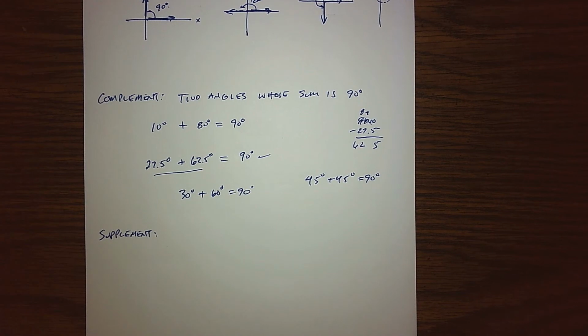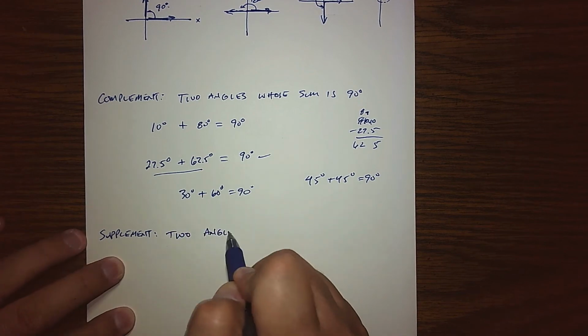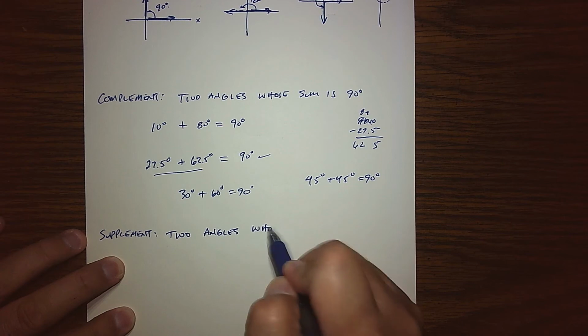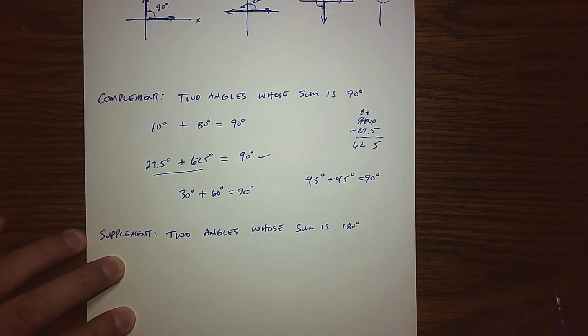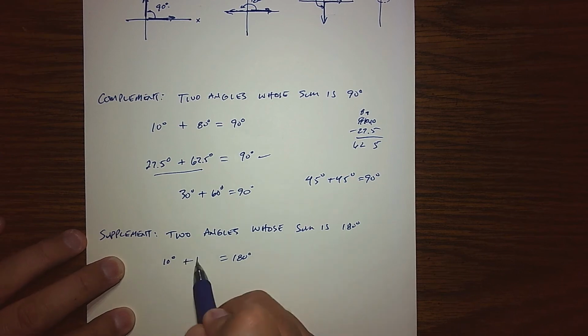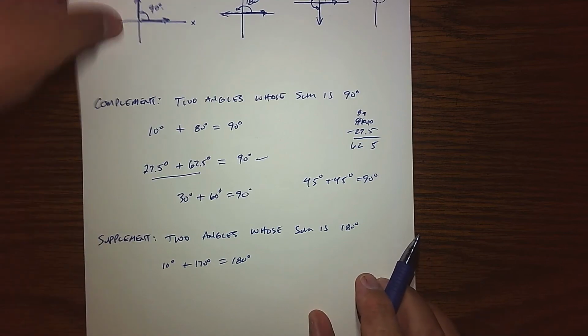Supplement is very similar to complement, but this time it's 2 angles whose sum is 180 degrees. So we get a straight angle basically. What would be the supplement to 10 degrees? Well, it would be 170, because 10 plus 170 would equal that.